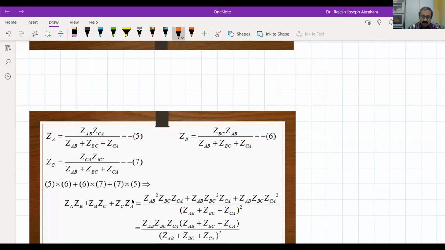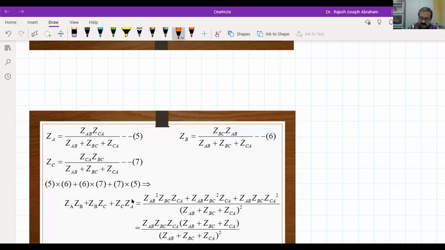On the right hand side, you are multiplying: ZAB squared ZBC ZCA, then ZAB ZBC squared ZCA, and ZAB ZBC ZCA squared. In the denominator you will have a square term, ZAB plus ZBC plus ZCA whole square.